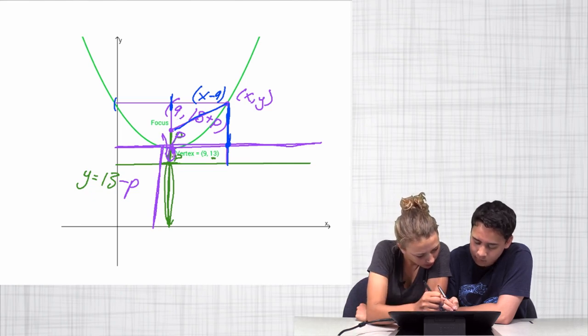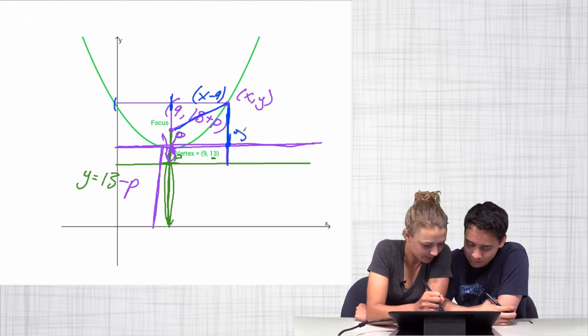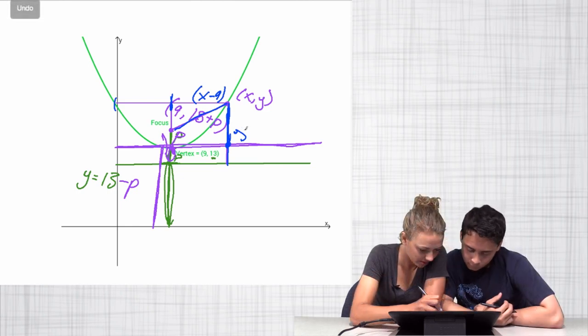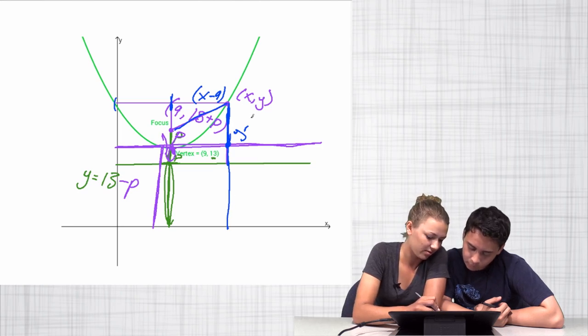So it's going to be y. So this whole thing is y, so you're going to subtract this part of it, which is 13, right? So y minus 13. Right?